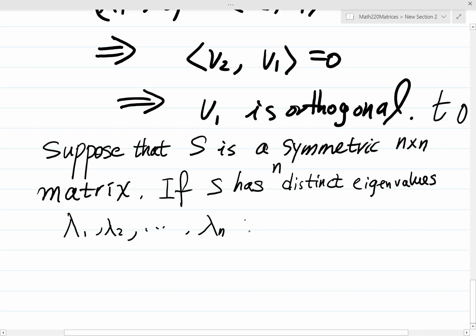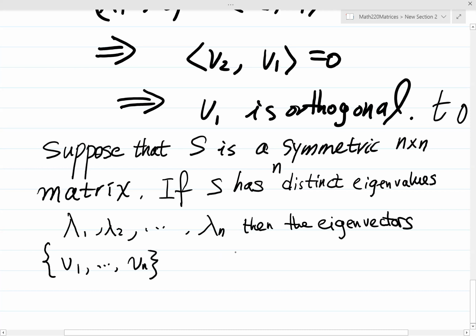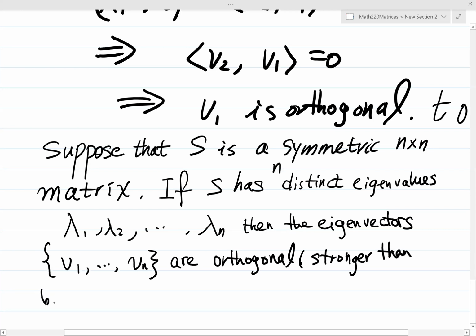Then the corresponding eigenvectors, we already know they are linearly independent. However, we know a stronger property: actually they are orthogonal. This is stronger than just being linearly independent.